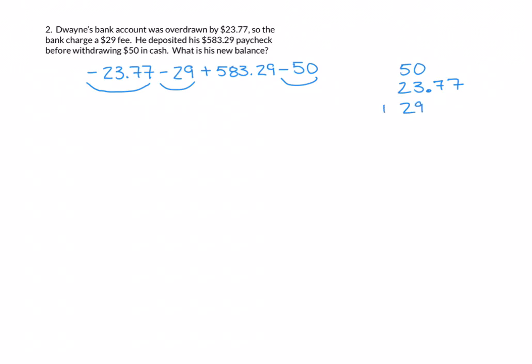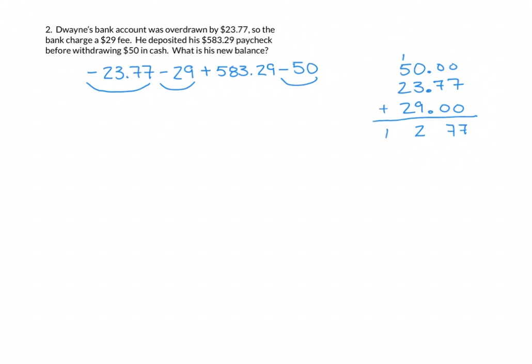And it doesn't matter what order you put them in. Since we are adding, we do not have to put the zeros, but if it helps you, go ahead and put them. We get, starting on the right, 7, 7. 3 plus 9 is 12. And 1 plus 5 is 6. Plus 2 is 8.